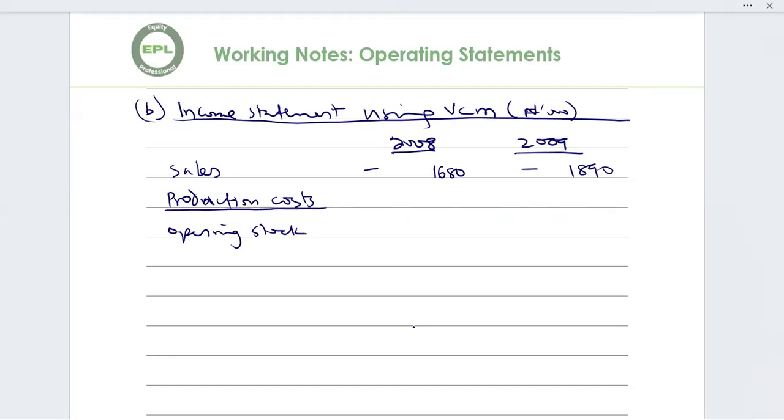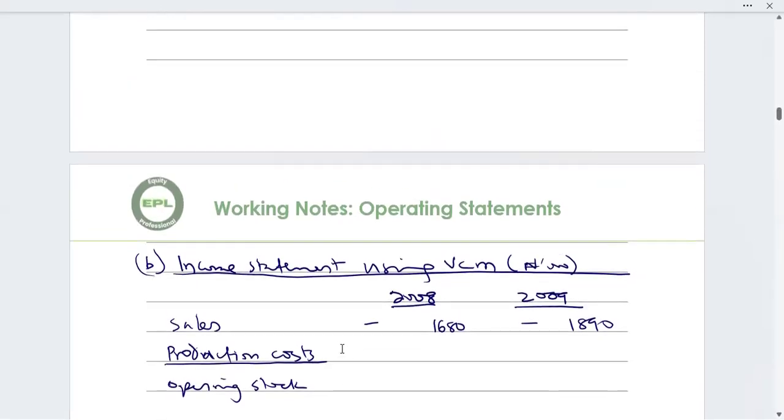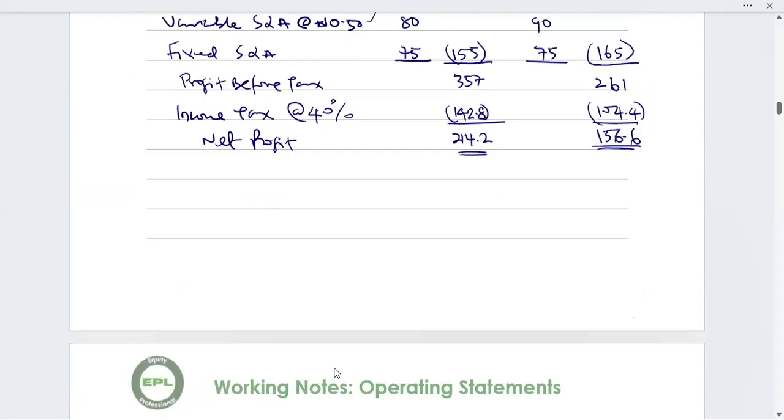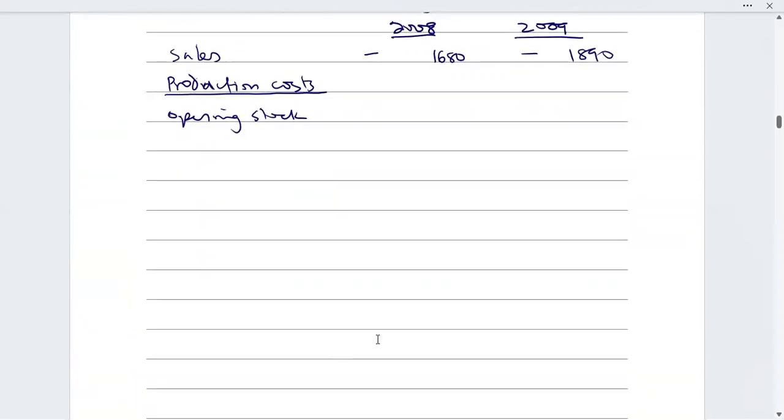And total variable cost per unit in this question is 4 naira 30 kobo. That is 1.6 plus 1.5 plus 1.2, which added together is 4.3. So in 2008, opening stock is 28,000 units. Therefore, 28,000 multiplied by 4.3 gave us 120.4.